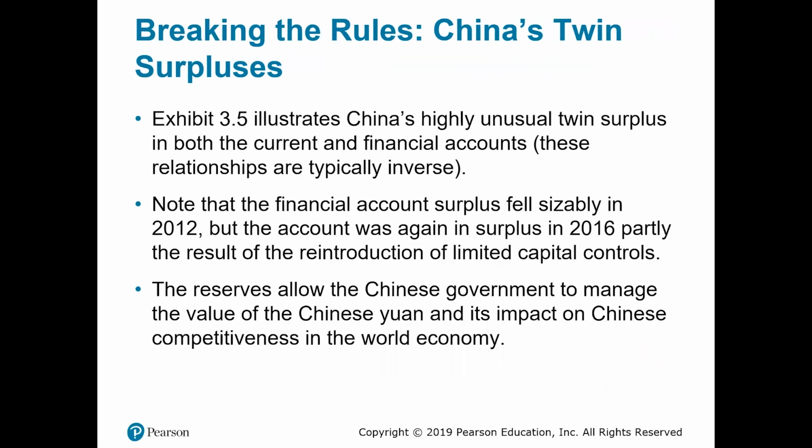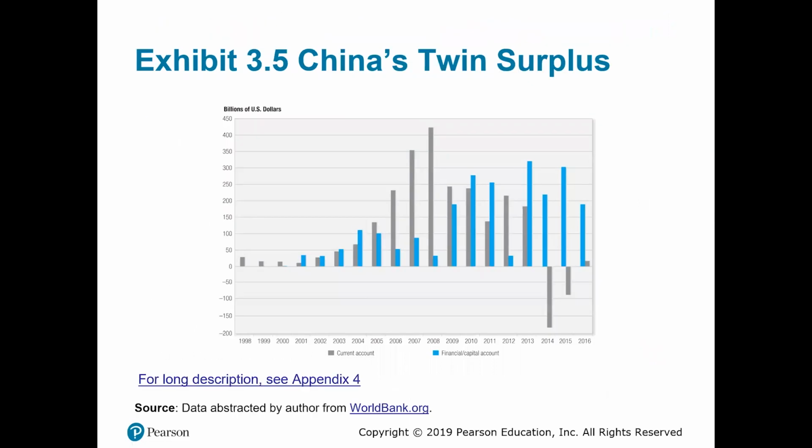However, there is an exception, which is China. For fairly a long time, China has been enjoying a so-called twin surplus, which means that there are surpluses in both the current account and the financial account. Why? Primarily two factors. First of all, China has a huge advantage in the export market.